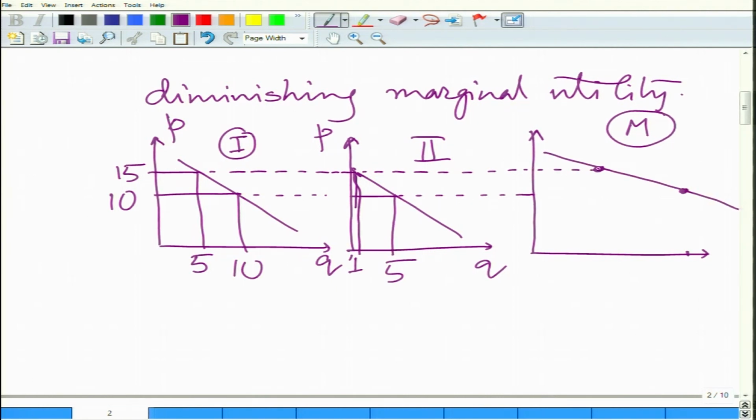Say at price 15 my demand is 6 units, at price 10 my demand is 15 units, 10 plus 5, and over here it's 5 plus 1, and this is my new market demand. So I can sum up all individual demand curves to get my market demand curve.